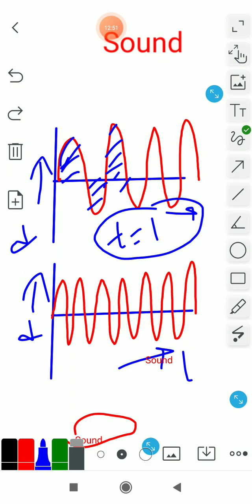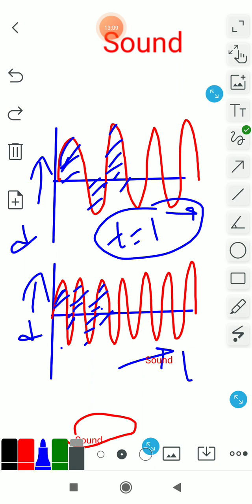But here at the same time, at t equals 1 second, one full cycle, again one full cycle, again one half cycle, two full cycles and one half cycle have been captured.